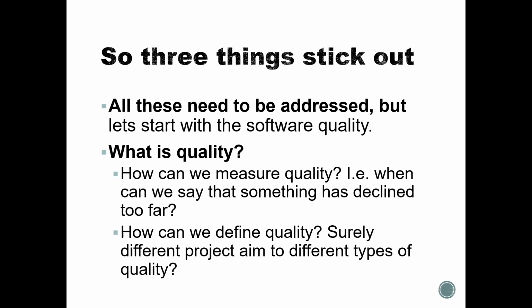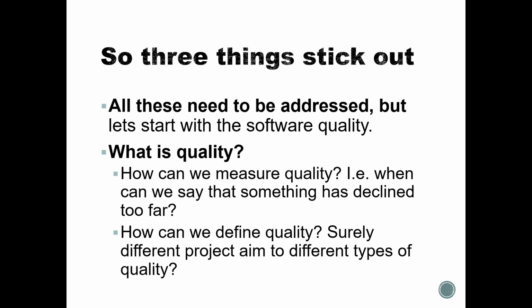Now, all these need to be addressed, but let's start first with software quality. Like I said, software quality can be defined as the ability of the software to function as per the requirement, and the requirement over here is the SRS document. Now, what is quality? How can we measure quality? How can we say that something has declined too far?